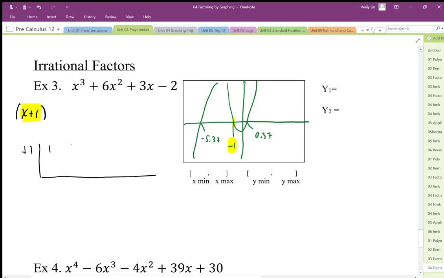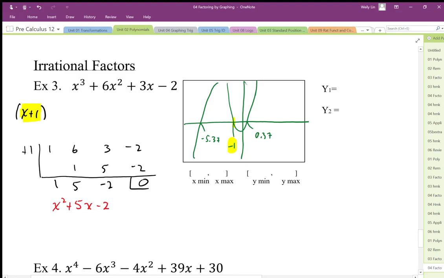So I have 1, 6, 3, negative 2, 1, 5 minus 3 minus 5 is negative 2. There's my 0 remainder. So I end up with x squared, it's a different color here, so that's going to be x squared plus 5x minus 2.